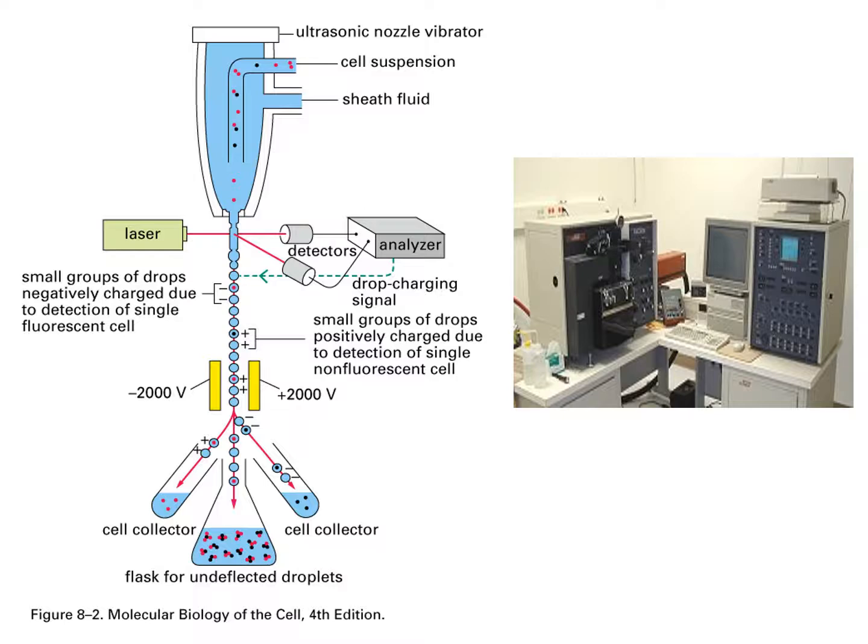And so then they have a deflector plate, and this on one side pulls the negatively charged molecules and deflects them to one side, and there's a collector here, so that all the blue. There's then those that have a positive would be potentially moving into this cell collector. Cells that might have both or undeflected could be in this undeflected flask. So here's this sorting mechanism based on electrostatic charge that's applied in this process.